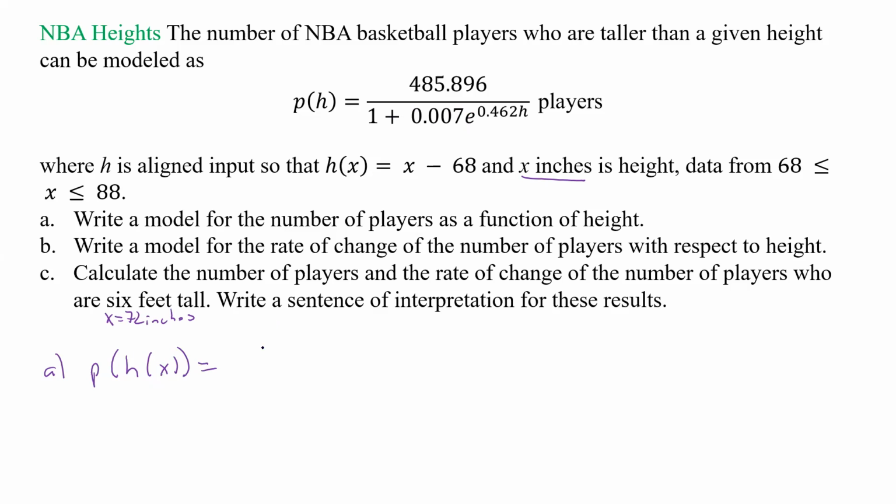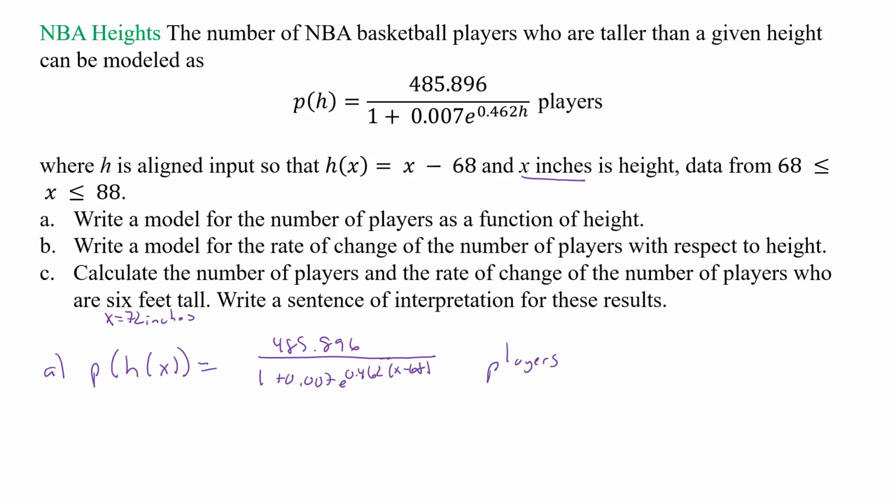That gives us 485.896 over 1 + 0.007 e^(0.462(x - 68)) players. So that's what we would get for just that first function.